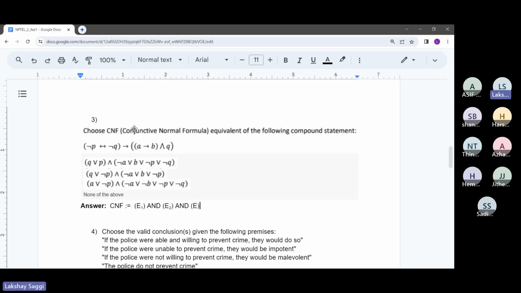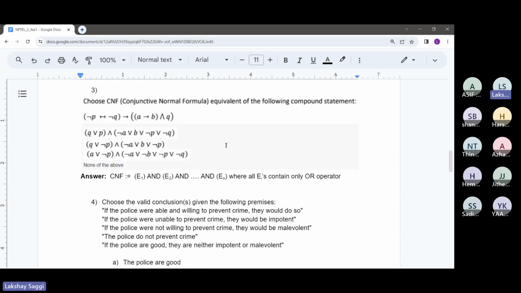This is the main idea behind conjunctive normal form. And it also has the property that all the Eis contain only the or operator.